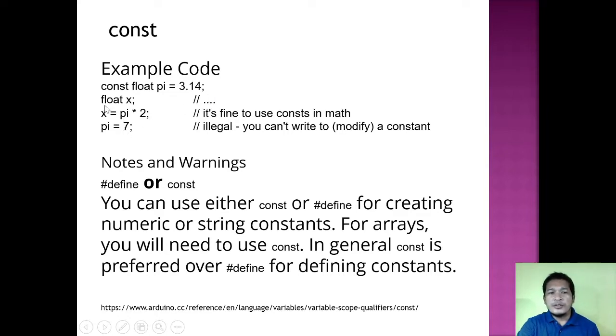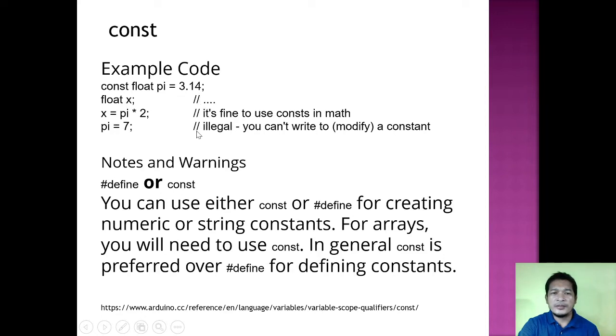Then float x, so x can be your pi, which you declare as 3.14 multiplied by any number, therefore it is floating, because whatever the number, the equivalent of your x is different. So that is the definition.